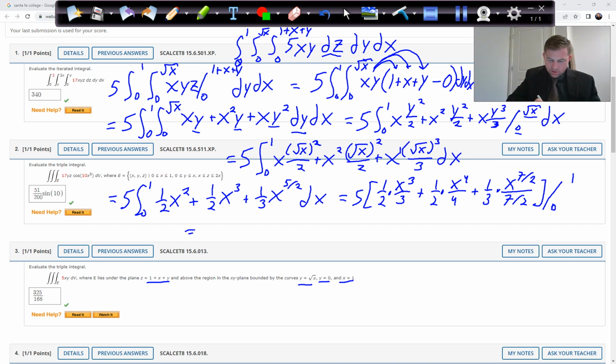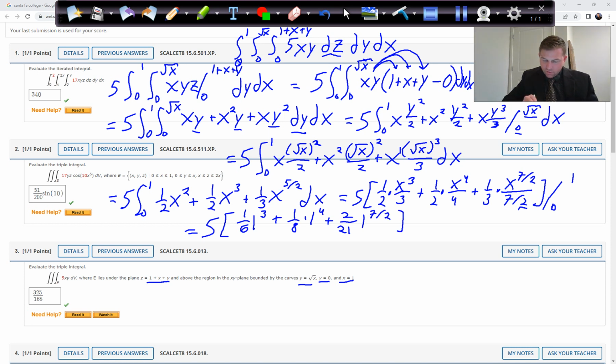Okay, so this is going to be 5. This will be 1/6 times 1 to the third plus 1/8 times 1 to the fourth. They gave us nice numbers here. 1 and 0 are really easy to plug in. This 2 right here is going to flip to the top. This 7 is going to combine with this 3, so it's going to be 2 over 21, 1 to the 7/2.